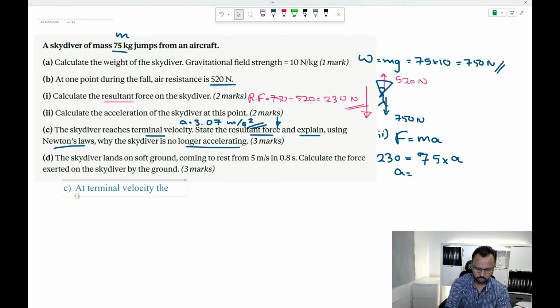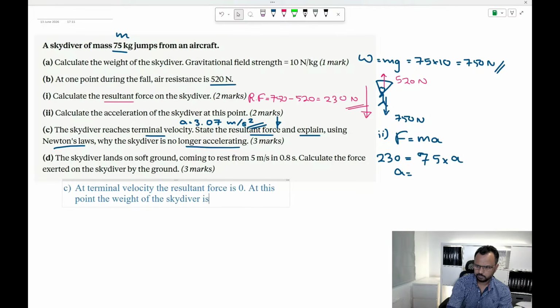The resultant force is 0. Right, that's the first part, so I just answered that one. Explain using Newton's laws why the skydiver is not accelerating. At this point, the weight of the skydiver is equal to the drag.